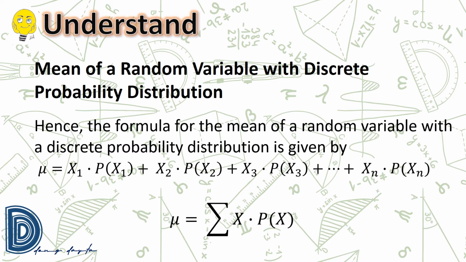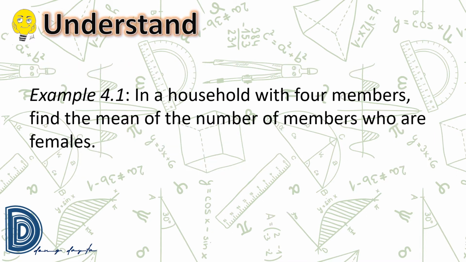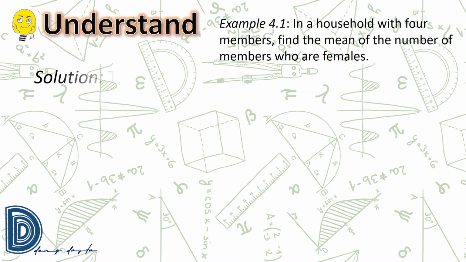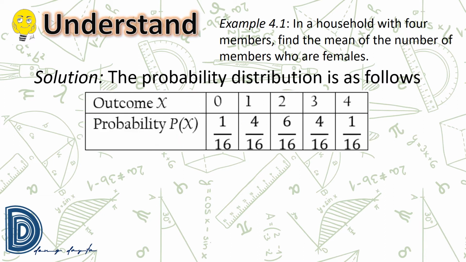Let us have an example. In a household with 4 members, find the mean of the number of members who are females. The probability distribution is as follows, as what we have discussed in the constructing of the probability distribution for a random variable.